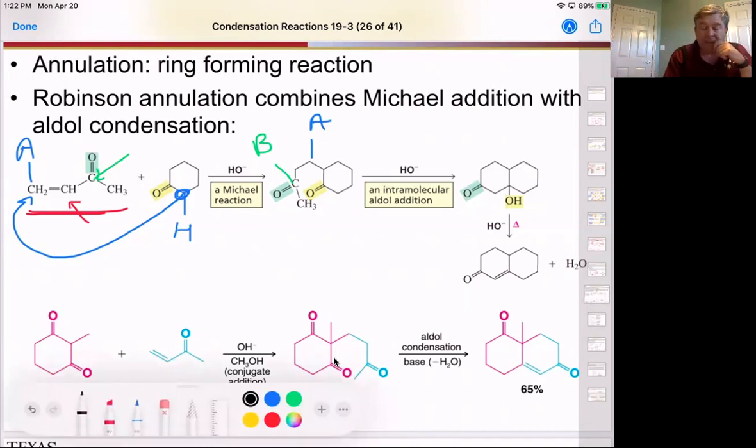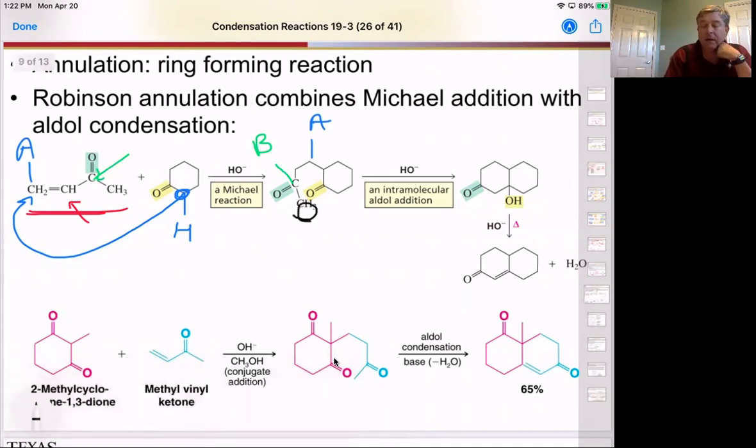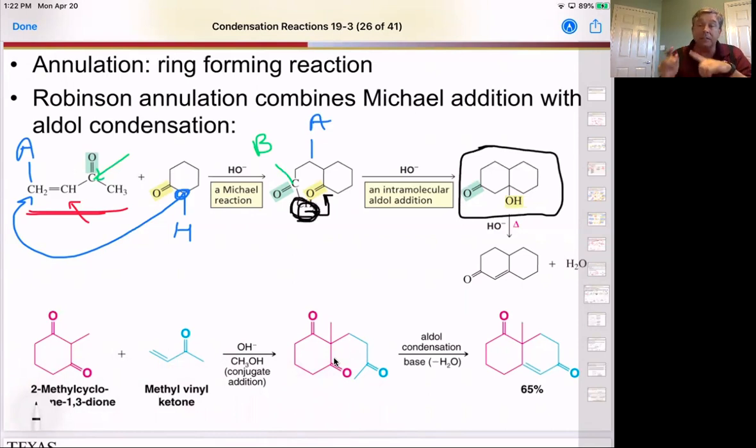But if we deprotonate here, we will now have an anion here that can form a 6-membered ring and do an addition to give us our alcohol intermediate here, okay? So only because of the deprotonation here, even though it's not the most acidic proton, it's the only one that would give us a reaction, give us that 6-membered ring, it's the only one that progresses forward.